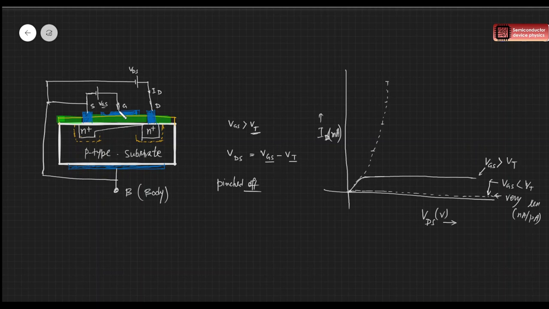If you increase the gate voltage, this depletion width will increase, right? So this is the pinch-off condition, and we obviously need more VDS value. So the saturation will happen at a little higher value of VDS.